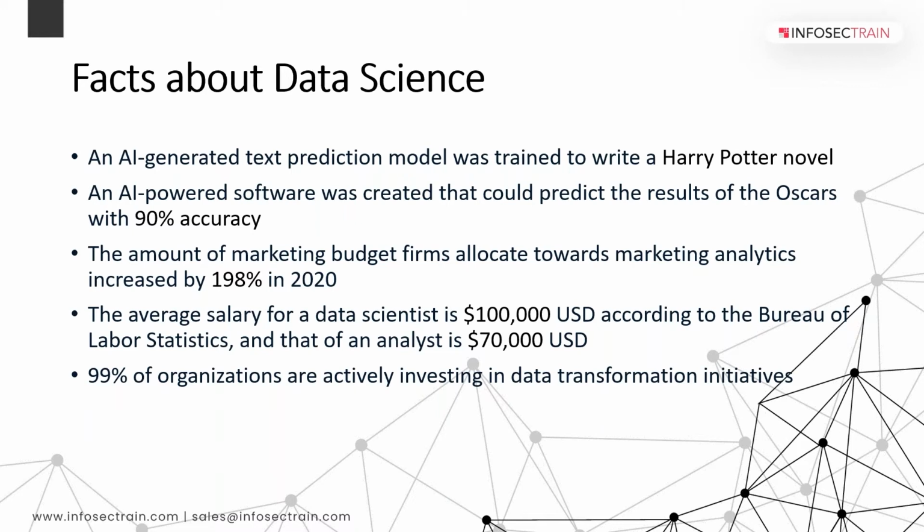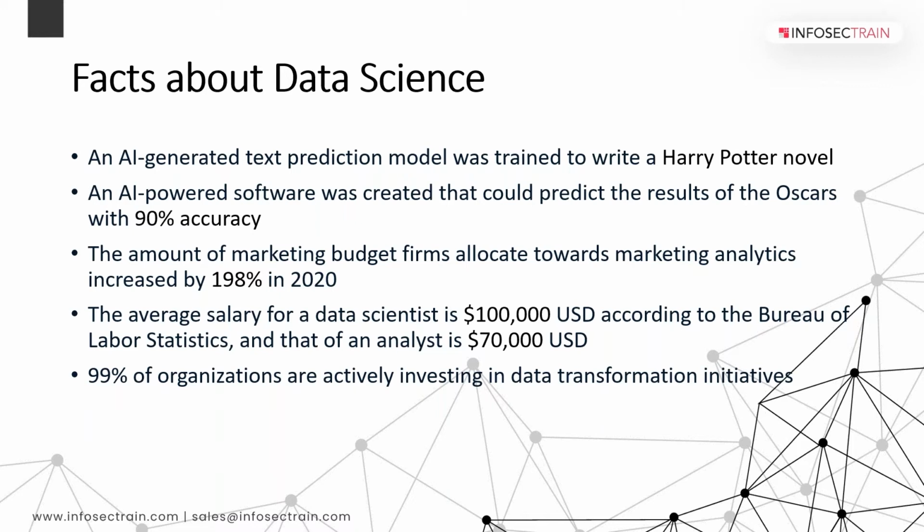The amount of marketing budget firms allocate towards marketing analytics increased by 198% in 2020. So you see the increment is around 200%. Okay, so you see the scope of data science.